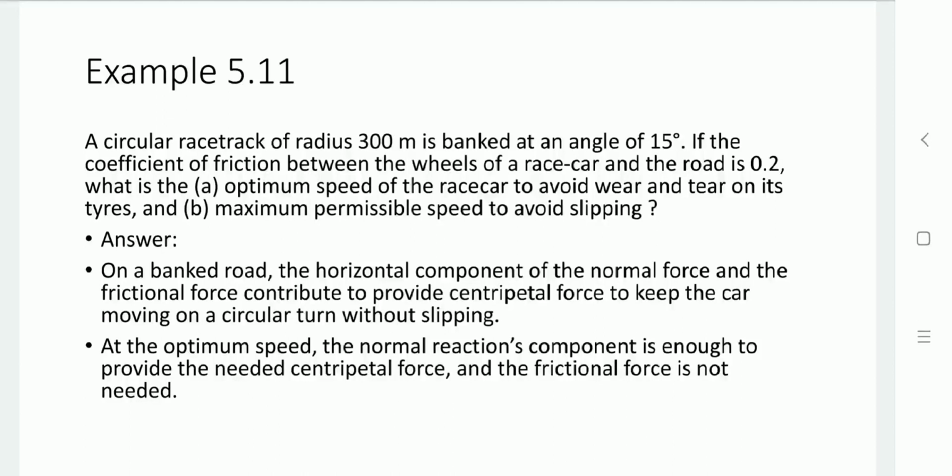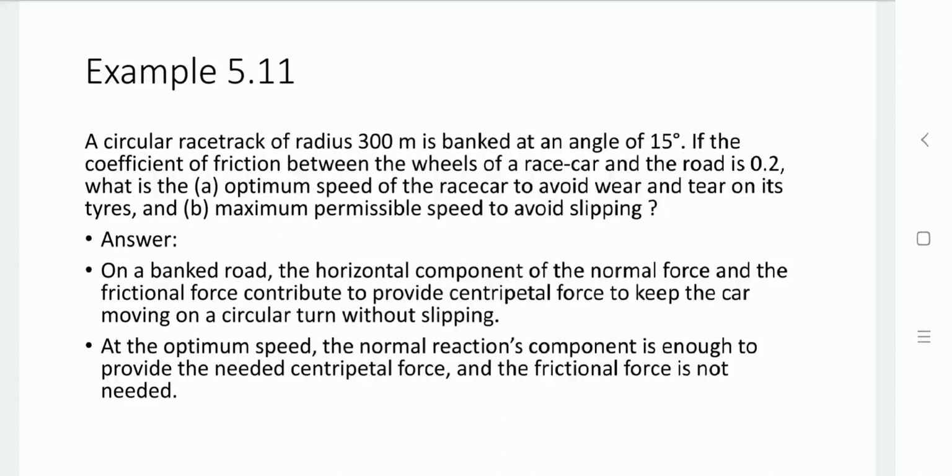Actually, on a banked road, the horizontal component of the normal force and the friction force contribute to provide the total centripetal force to keep the car moving in a circular turn without slipping. At the optimum speed, the normal reaction's component is enough to provide the centripetal force, and the friction force is not needed.